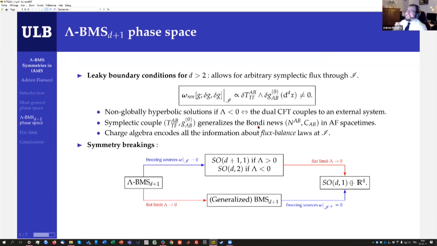Sorry. Just to say that we are facing leaky boundary conditions for d strictly greater than 2, because when d equals 2, you are back to the Brown-Henneaux boundary conditions.